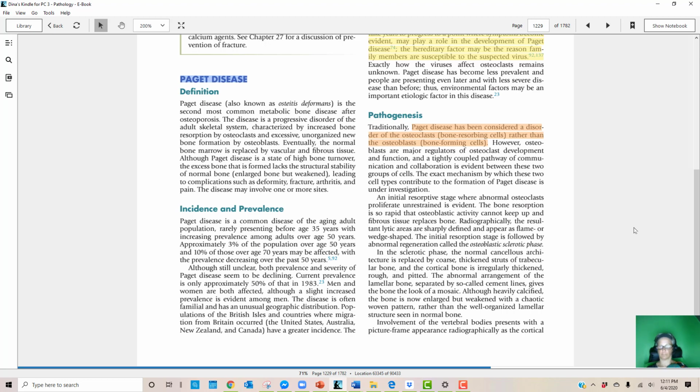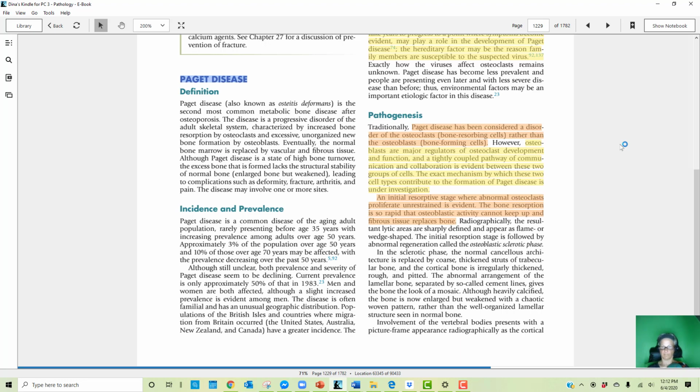The exact mechanism by which these two cell types contribute to the formation of Paget's disease is under investigation. An initial resorptive stage where abnormal osteoclasts proliferate unrestrained is evident. The bone resorption is so rapid that osteoblastic activity cannot keep up and fibrous tissue replaces bone. Radiographically, the resultant lytic areas are sharply defined and appear as flame or wedge-shaped.